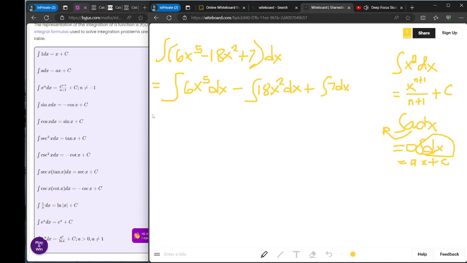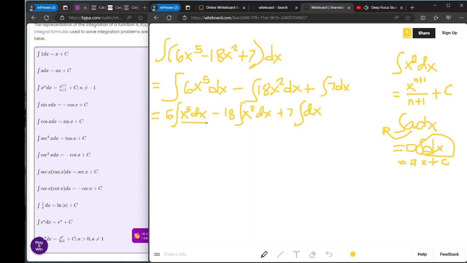Then let's start solving. Just like this, we move the constant outside the integral sign. What would be left is x to the fifth dx. Next is the other one. We'll have 18 times the integral of x squared dx plus 7 times the integral of dx.